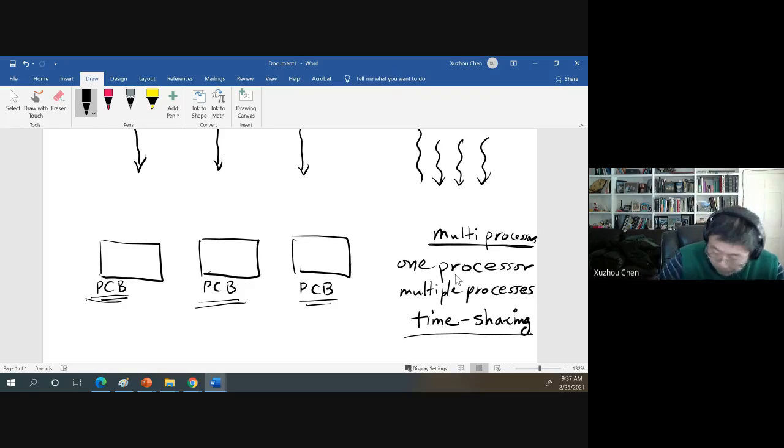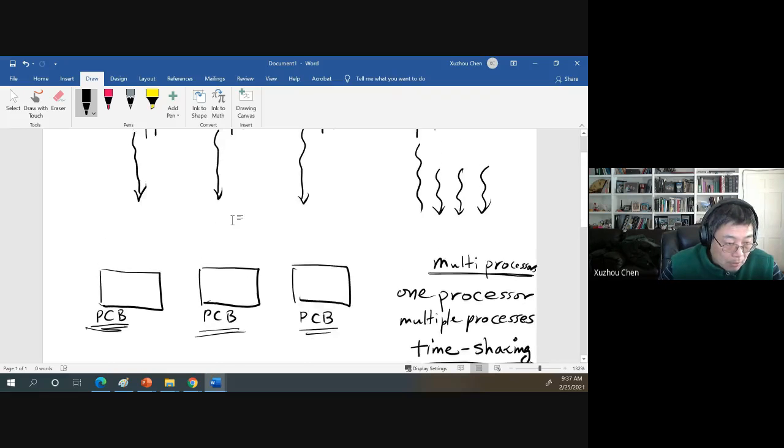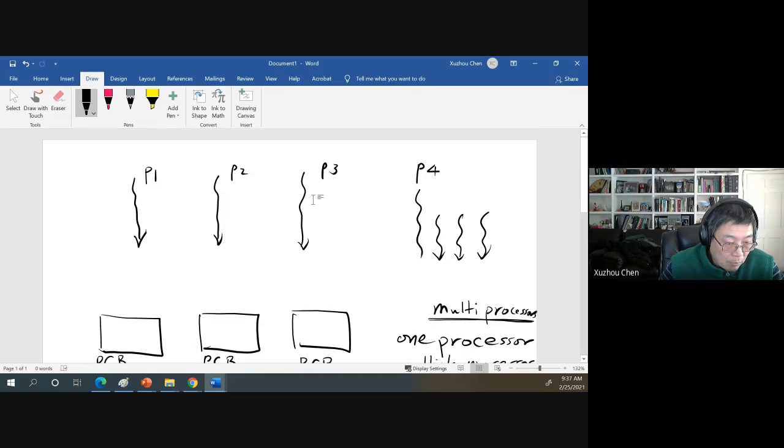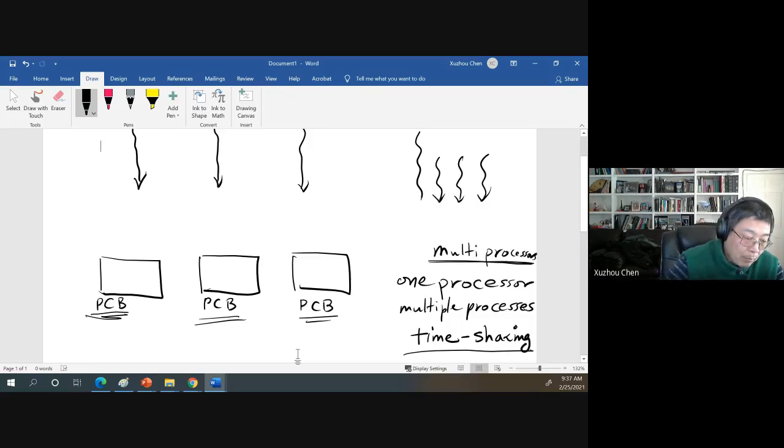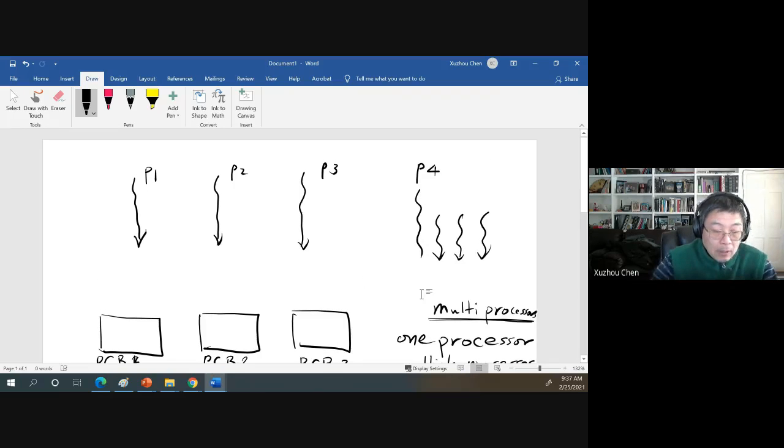If we have 3 processes, P1, P2, P3, then you need to create 3 PCBs: PCB1, PCB2, PCB3. We also mentioned that most modern operating systems support multi-threading, which means some processes, like P4 in this case, have multiple threads.